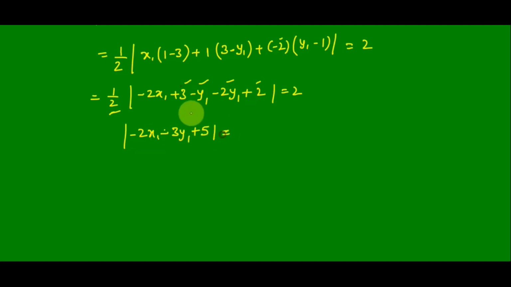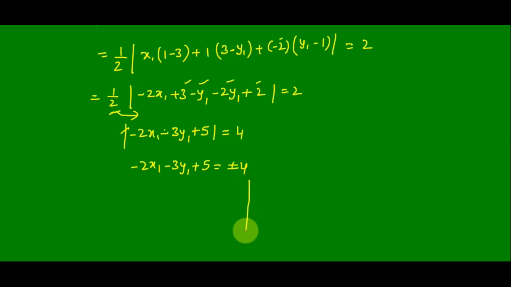Mod is equal to, when this 2 goes to the right hand side, 2 twos are 4. It gets multiplied with 2, right? So if I remove this mod, -2x1 - 3y1 + 5 is equal to plus or minus 4. So now we will get two equations.